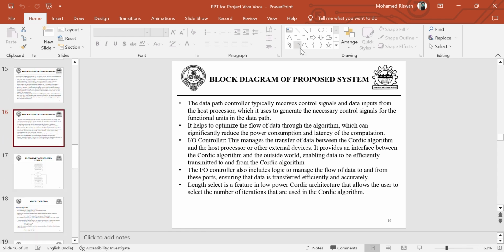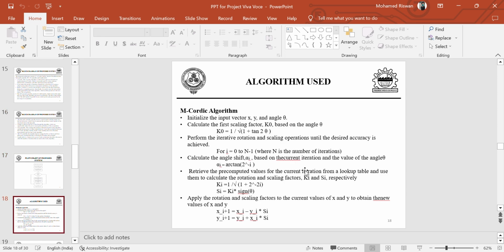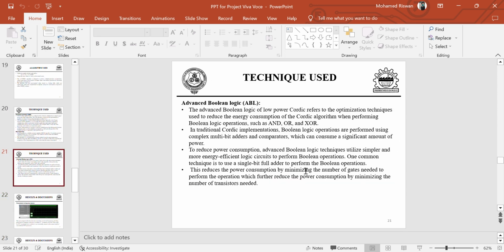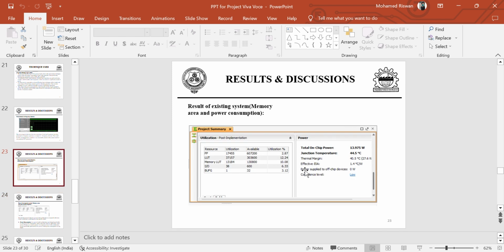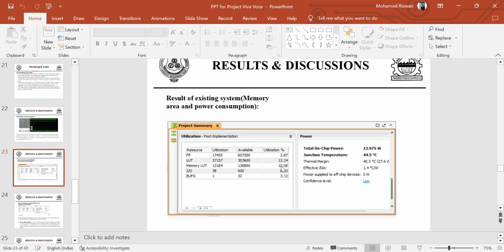And then, when comparing the proposed system with the existing system, you see the utilization of the memory elements here.